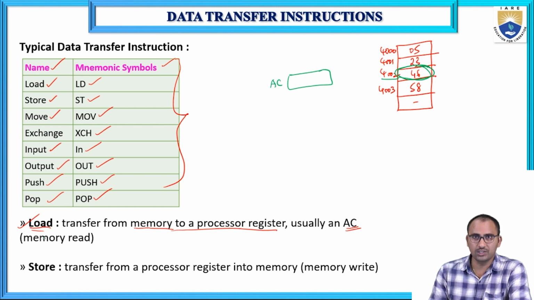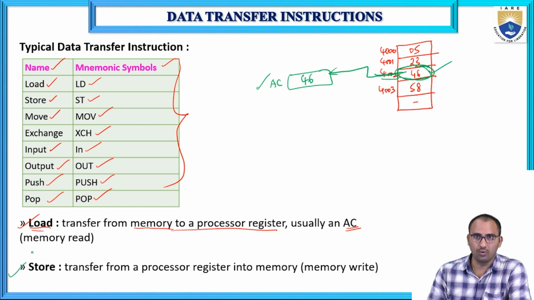Using this load instruction, it copies the data from a memory location to the accumulator register. After copying, this 46 is copied into the accumulator register. The source data will not change, just we are copying the data from one place to another place. That means the load can be used to copy the data from one memory word to the register. That is the first one.